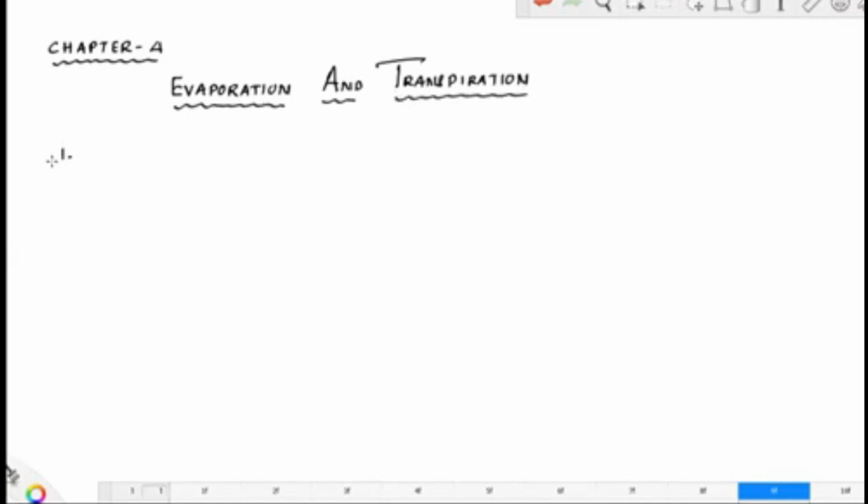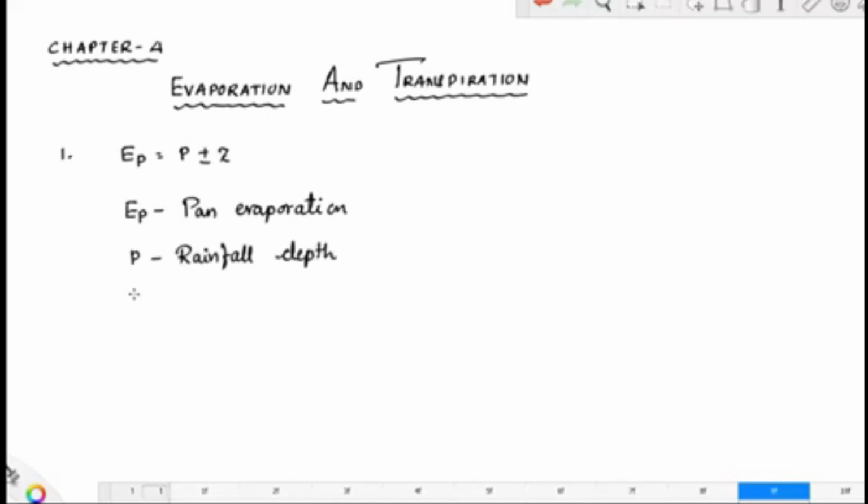So first point you have to remember, formula Ep is equal to P plus or minus Z. So where Ep is representing pan evaporation, P rainfall depth, Z depth of water removed or added.